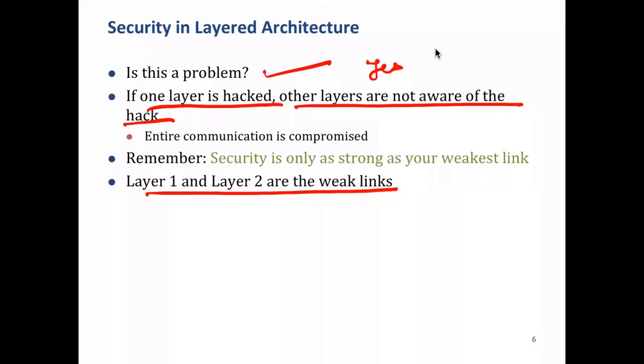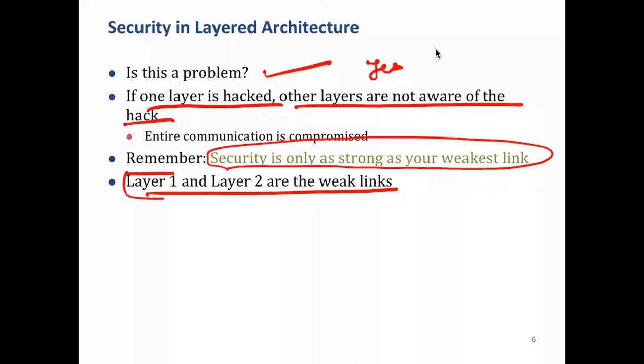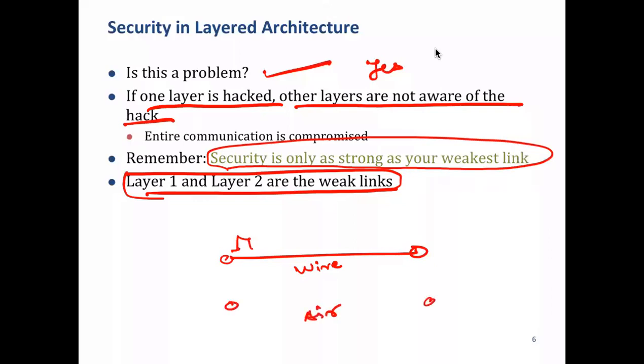We know that security is as strong as the weakest link, and the weakest links are layer 1 and layer 2. Now you must be wondering, layer 1 is just a piece of wire, or maybe it's just air, through which the signal travels. So what kind of security thing can be there? But there are, and we'll look at some of the aspects which most companies do implement.